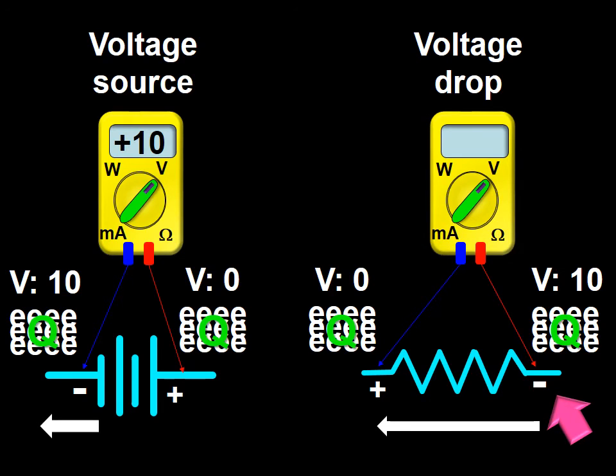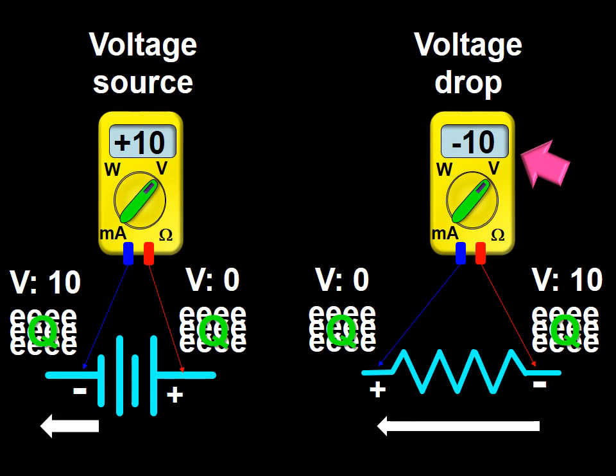By connecting a voltmeter to sense first the electricity coming into the resistor and then the electricity coming out of the resistor, the voltmeter will sense more volts coming in than going out.